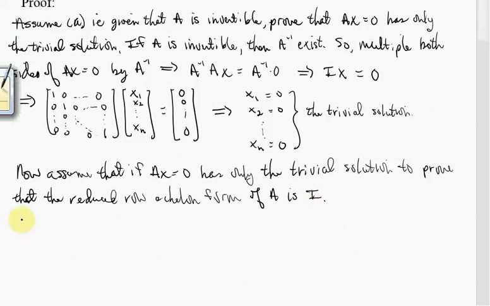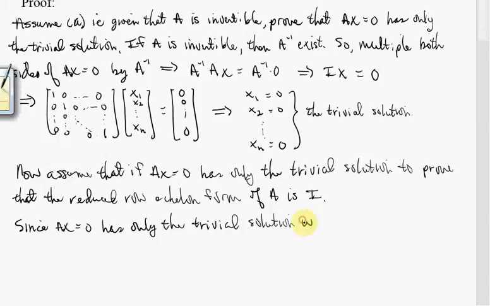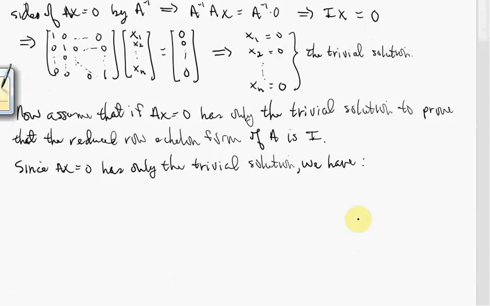So here, since AX equal to 0 has only the trivial solution, we have this.